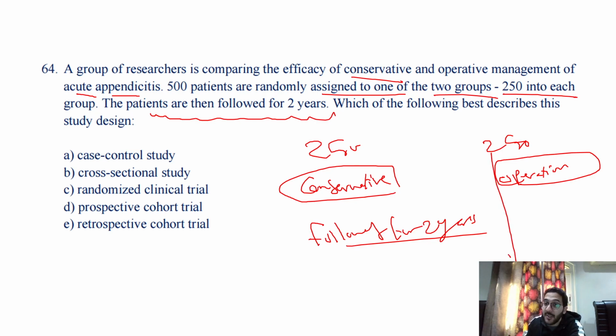So it's controlled and it's an intervention, so it's a randomized clinical trial. When you see an intervention, shoot for clinical trial. Since it's not observation, we can cancel out everything else. Randomized clinical trial here is the correct answer.